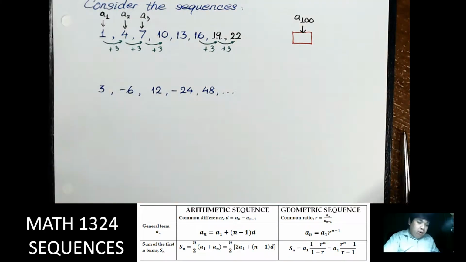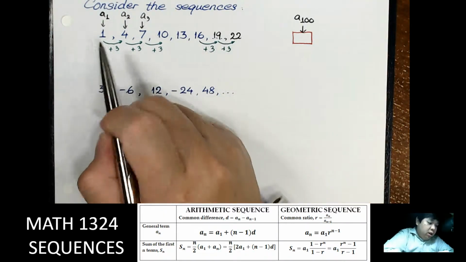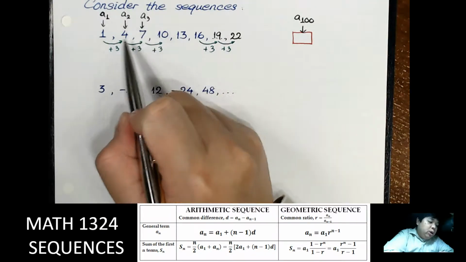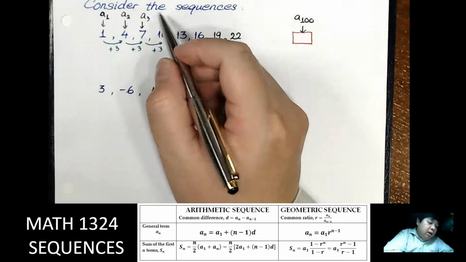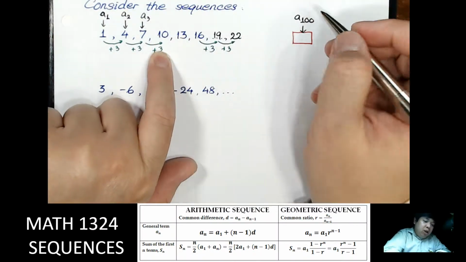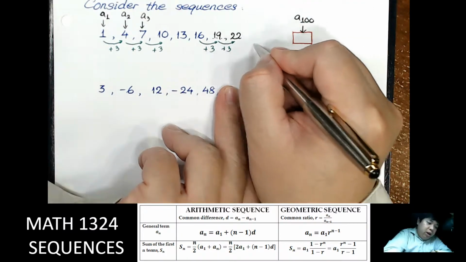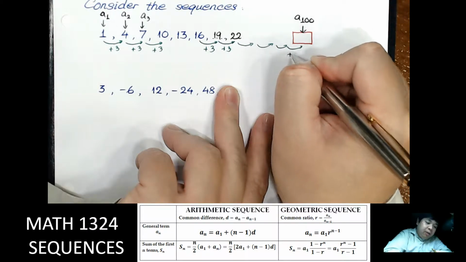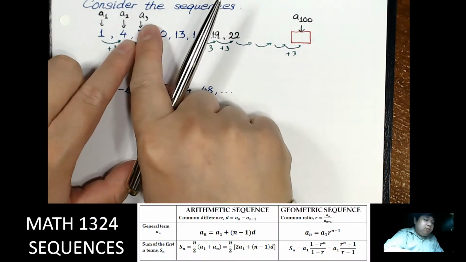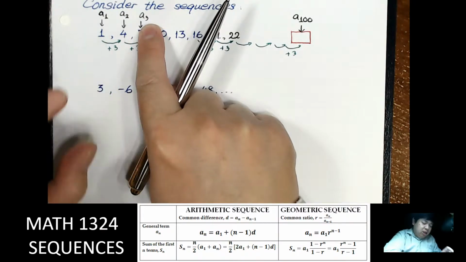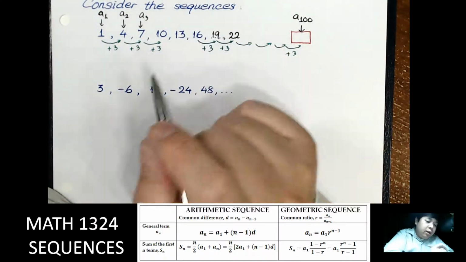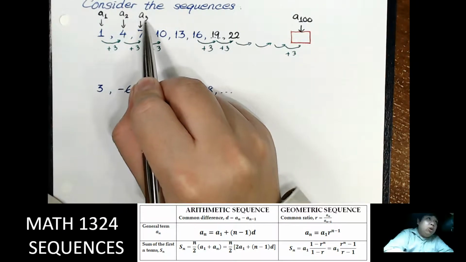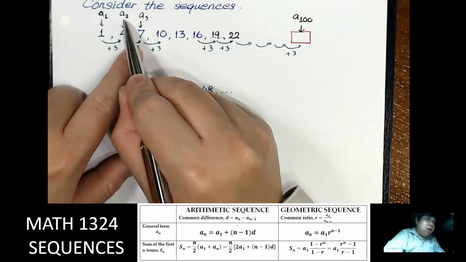Right. So notice that on this sequence, to get to the second term, we have 1 step of plus 3, to a3 we have 2 steps, to a4 we're going to take 3 steps. So to go to 100, we're going to have a bunch of steps. The third term is 2 steps, the second term 1 step.